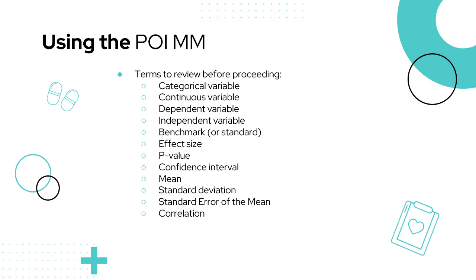If I'm looking at, let's say, the association between physical activity and anxiety, what I want to know is, how does someone's physical activity level affect their level of anxiety? In this case, anxiety would be the dependent variable because anxiety would be relying on physical activity levels for its level of change.